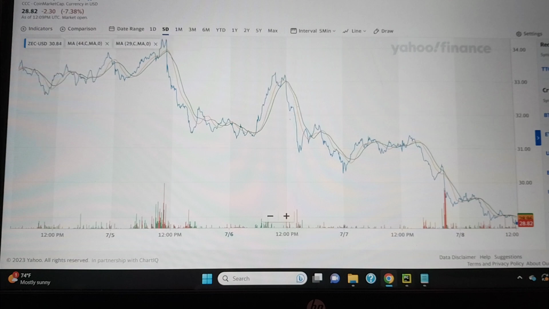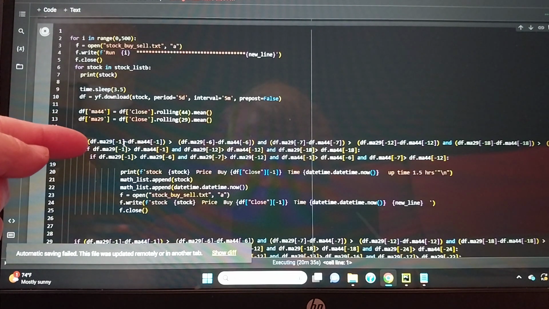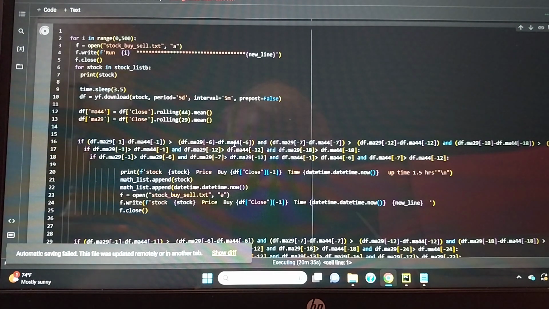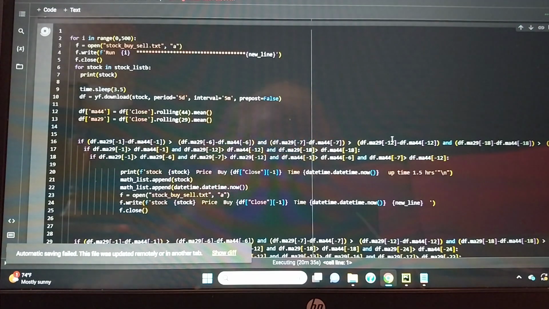As you can see right here, this is it. The MA29 1 from 44, it's comparing to the sixth one back. And then from the seventh one, right here, it's comparing to the 12th one.